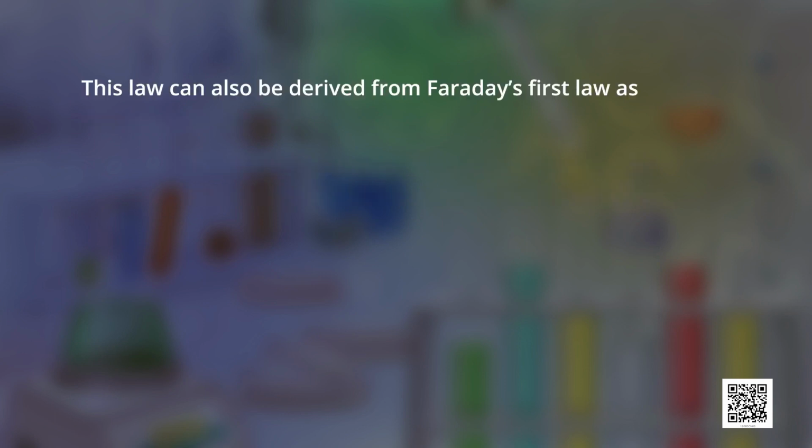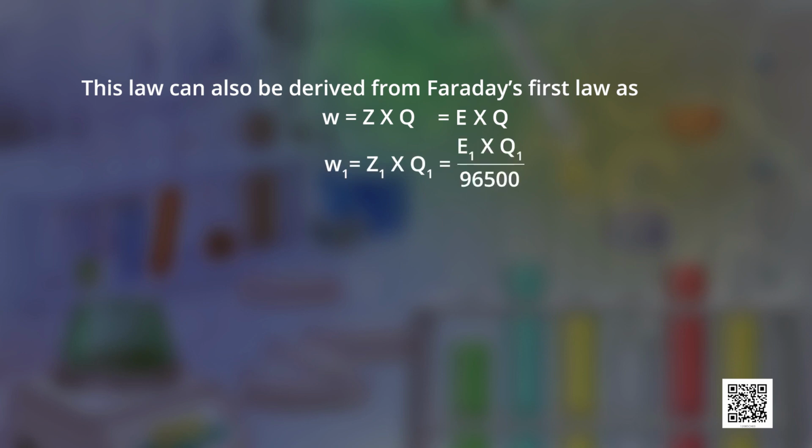This can be derived from Faraday's first law as W is equal to Z into Q, that is, electrochemical equivalent into charge. For the first electrode, we may write it as W1 is equal to Z1 into Q1, or as E1 into Q1 upon 96500.